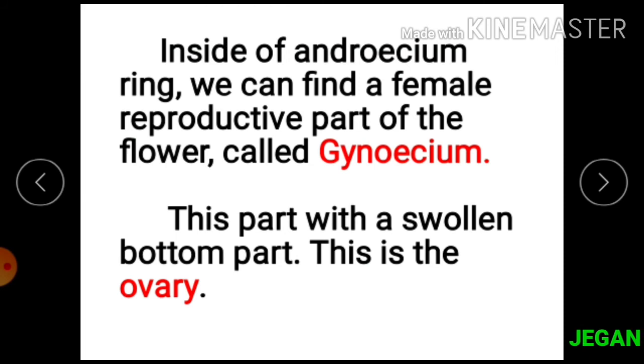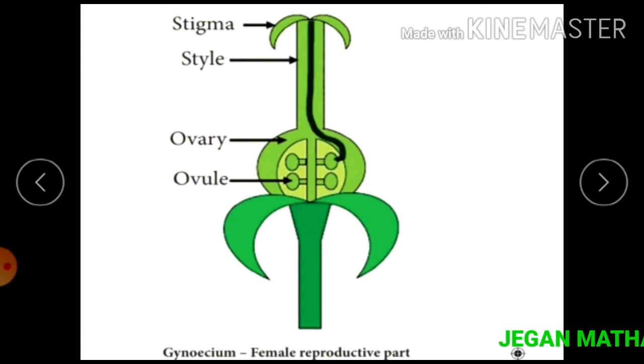Inside the androecium ring, we can find the female reproductive part of the flower called gynoecium. This part with a swollen bottom part is the ovary. Seeds are produced in this part.